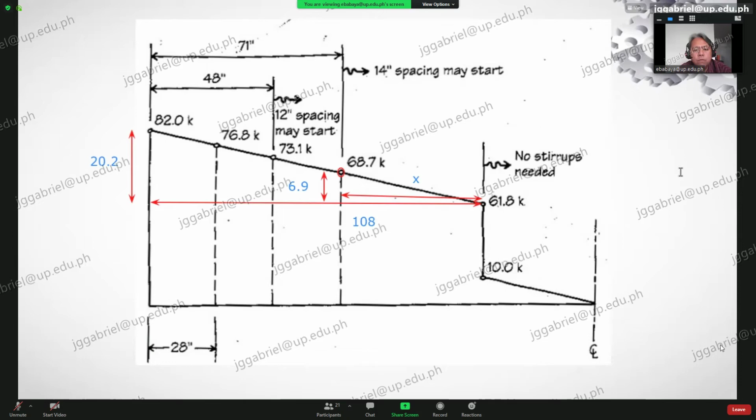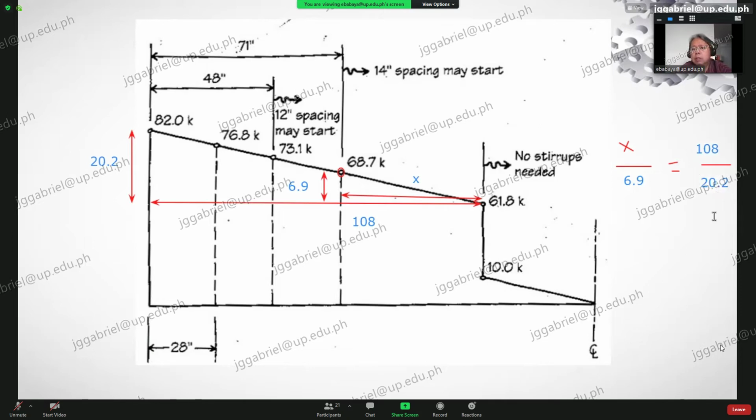So what will happen here is x, okay, let me show that here. x over 6.9 equals 108 over 20.2.